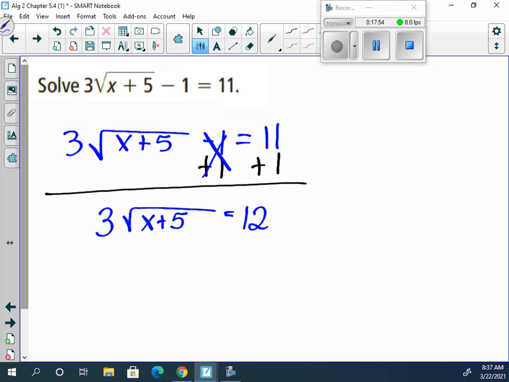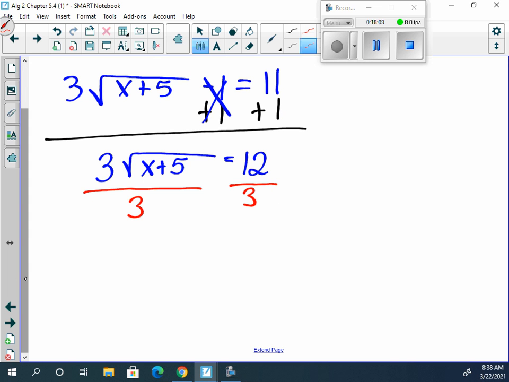What's next? We would divide both sides by 3 because on the left-hand side we do have 3 times the square root of x plus 5. So we would divide both sides by 3 to get the radical by itself. 3 divided by 3 gives us 1, which leaves us with the square root of x plus 5 is equal to, well, 12 divided by 3 is 4.